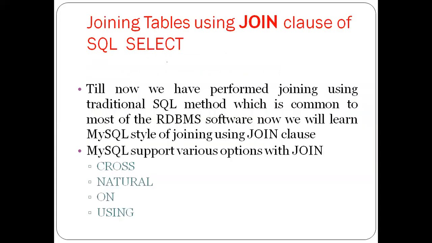So next, again joining tables using a join clause. In SQL we can write a join clause also. Till now we have performed joining using the traditional SQL method, which is common to most RDBMS, relational database management systems. Now we learn MySQL style joining with the join.